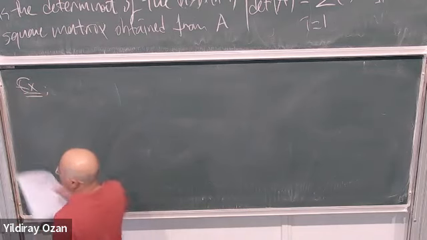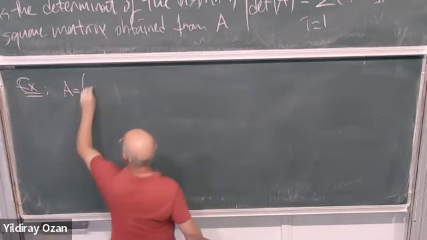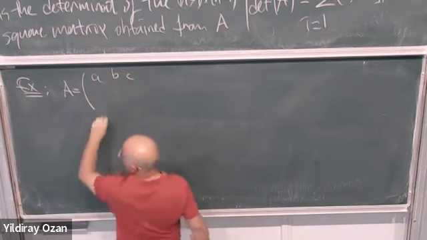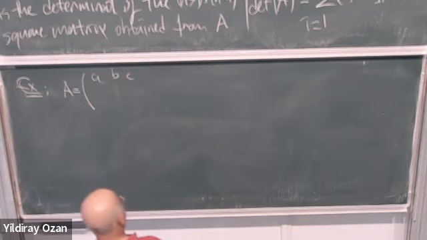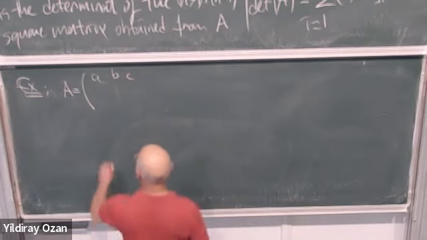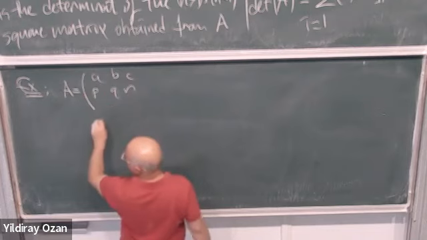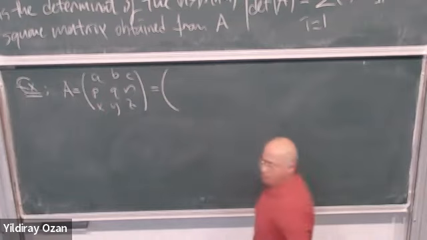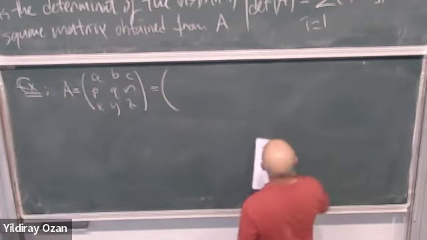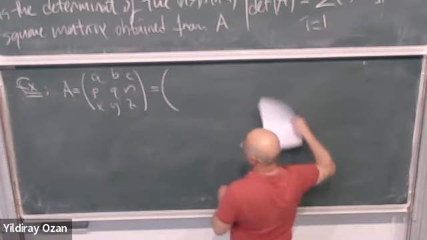So let's say A is this: A, B, C, P, Q, R, X, Y, Z. But I can also use the following notation so that I'll get something compatible with this formula.